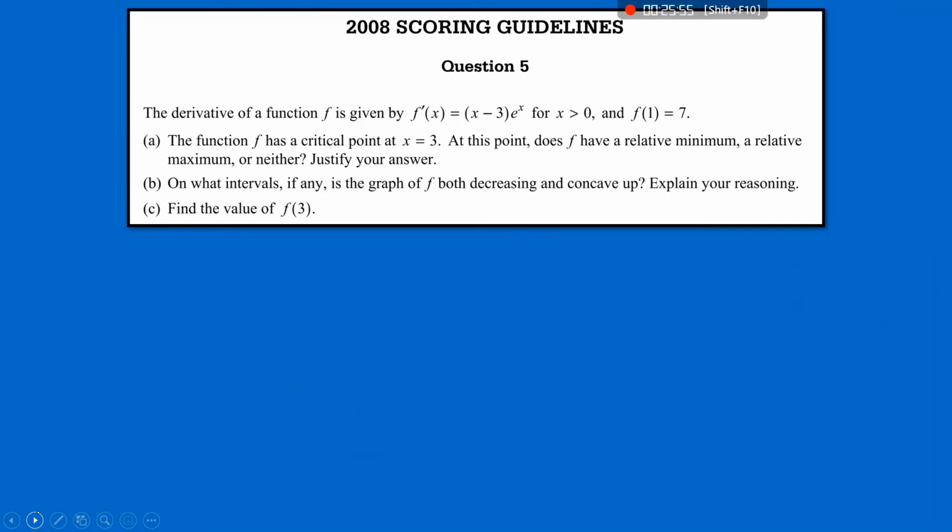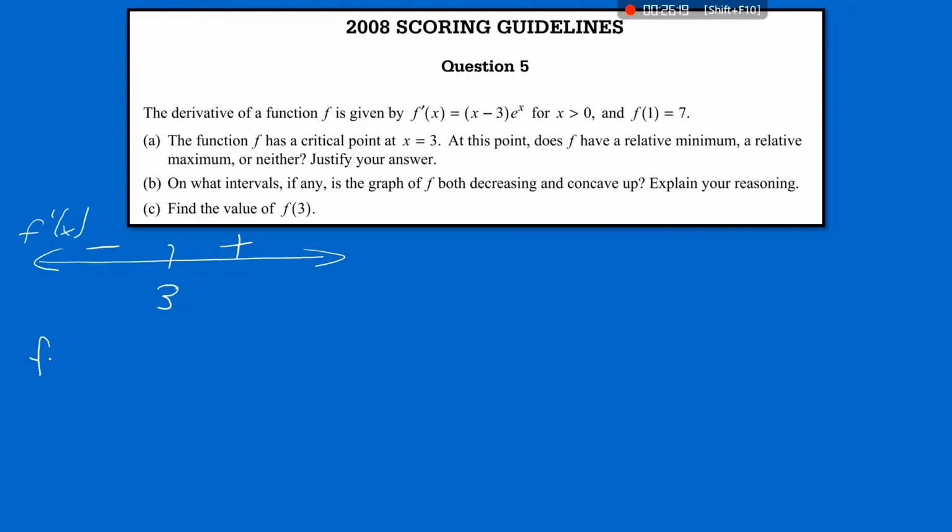Okay. For part B, I want to know what intervals is the graph both decreasing and concave up. Okay, so I'm going to copy my first derivative tests really quick since we had that in part A already. We said around 3 we were changing from negative to positive for f prime.